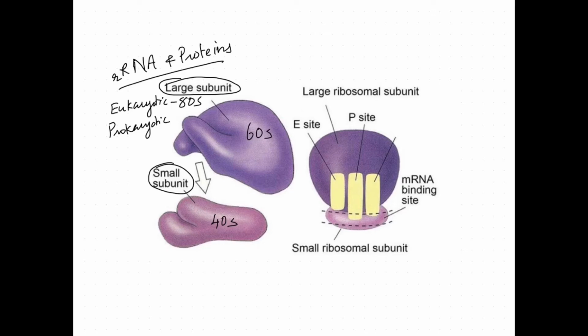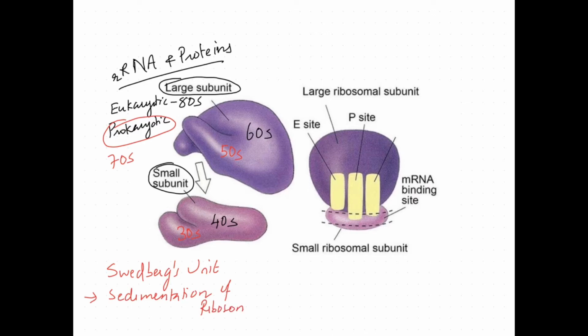Whereas in prokaryotes, the ribosome is a 70S ribosome, with a 50S large subunit and a 30S small subunit. S means Svedberg's unit. Actually, this unit is based on the sedimentation of the ribosome when you do centrifugation techniques.